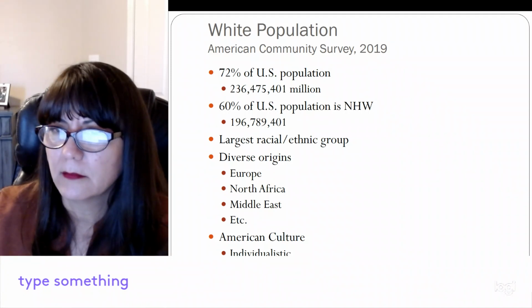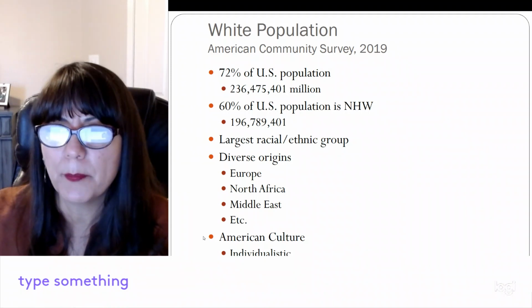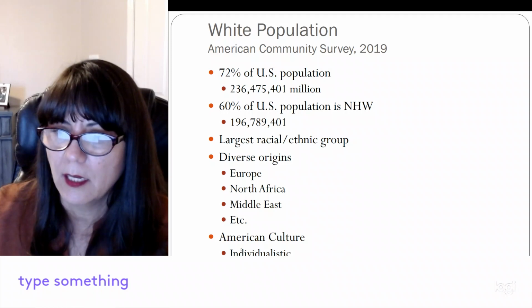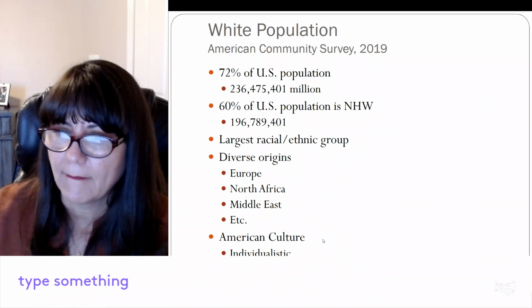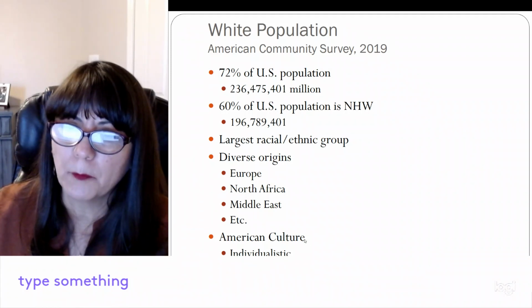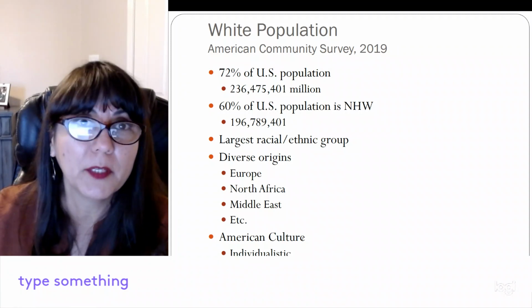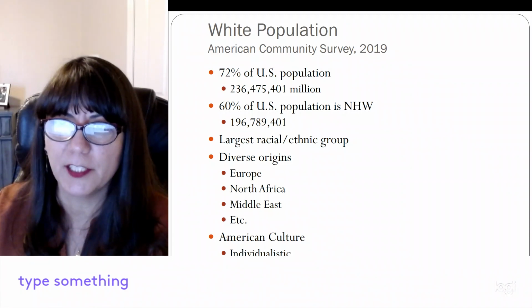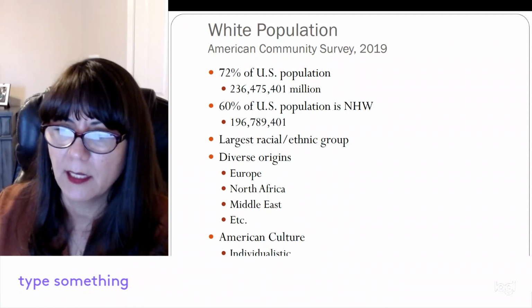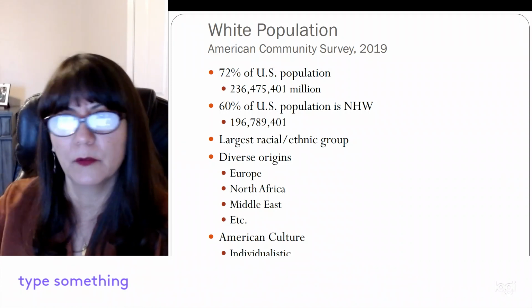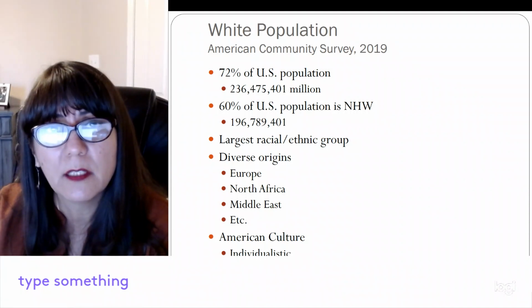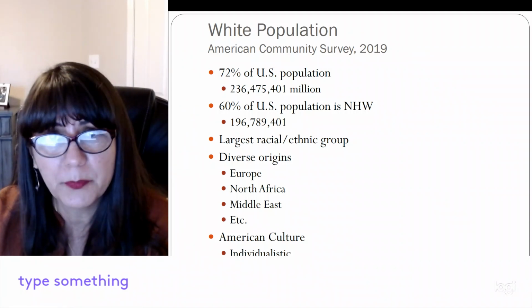Again, lots of diversity within this white population, different national origins. We always attribute American culture to the white population as being very individualistic. But is there diversity in culture across white populations, across white subgroups?